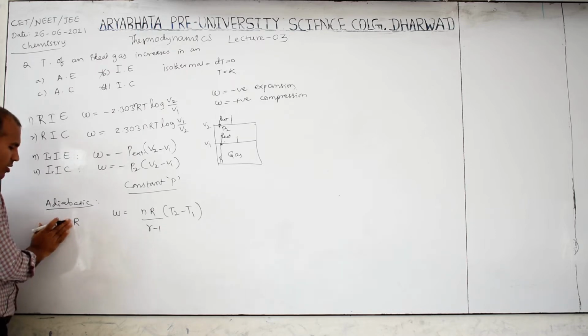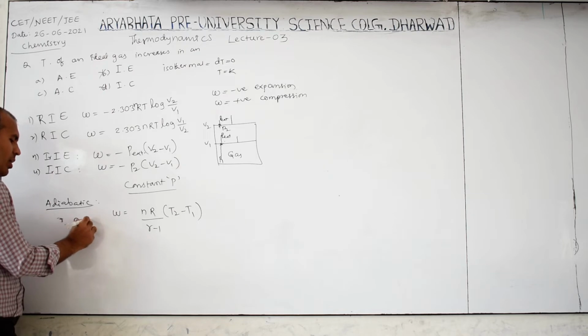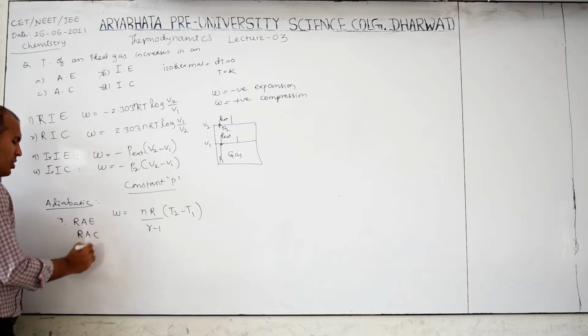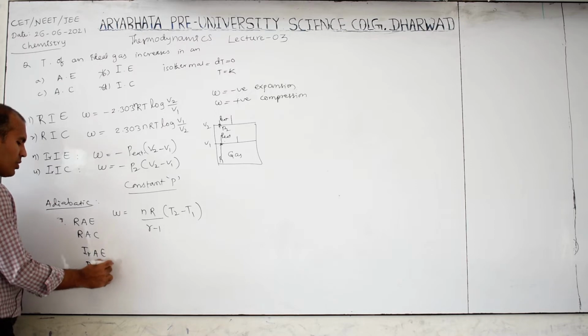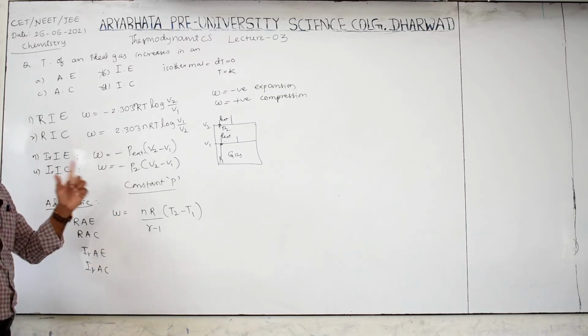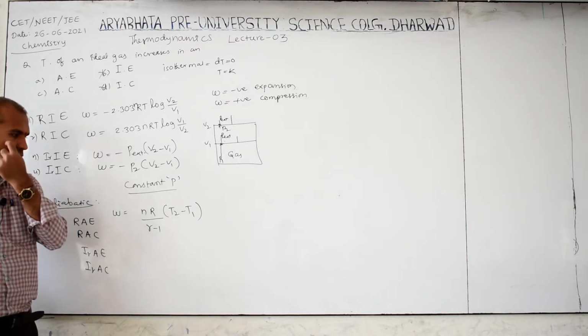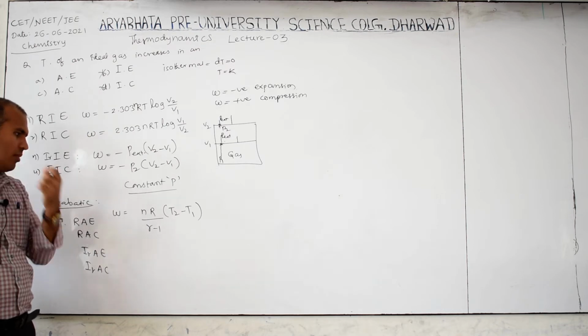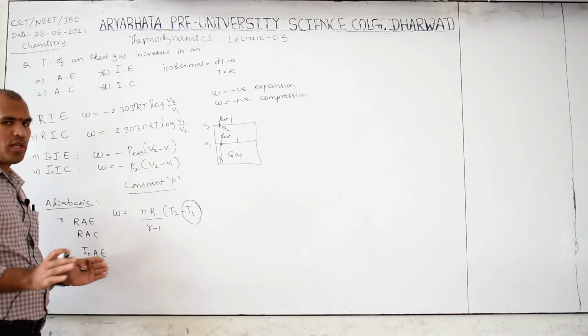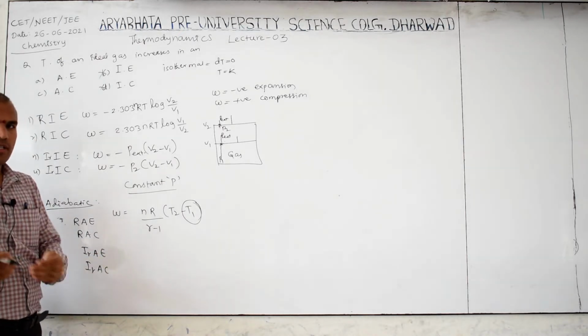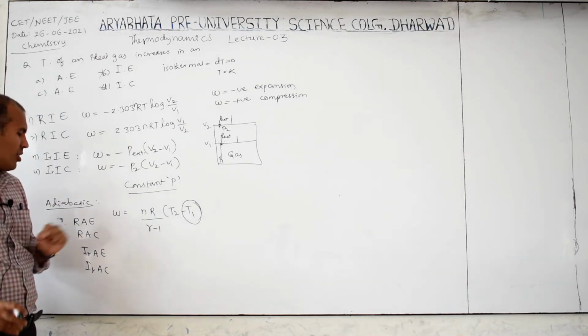Otherwise, you can say reversible adiabatic expansion, reversible adiabatic compression, irreversible adiabatic expansion, irreversible adiabatic compression. For all these, the formula is the same. Only thing, T1 is known in this formula, T2 is unknown. How to calculate T2, we will discuss in the next problem also. So this is a formula.